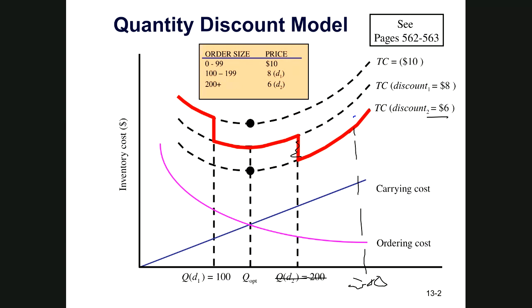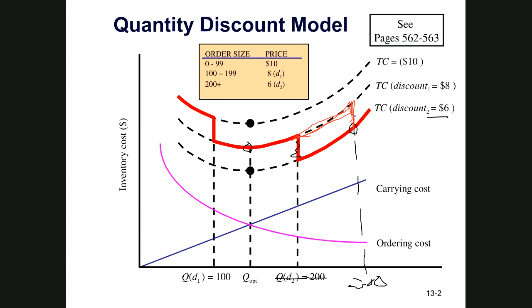Then we would be on this curve, but in this situation, this total annual inventory cost might be higher than this one. So our curve would go out this way, and then the break point would be here. So again, it could be that even though the price was cheaper, the total annual inventory cost was higher.